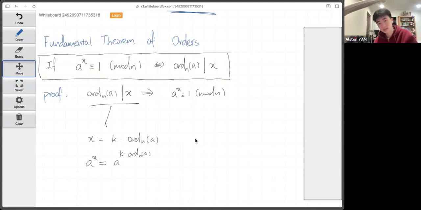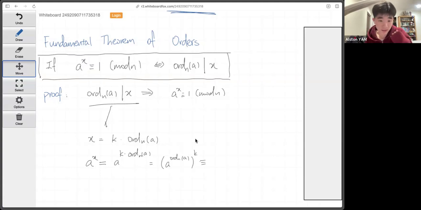And now you might notice, that's pretty interesting, because if you have a product in the exponent, you can factor something out. That is just equal to A to the order of A, to the power of k. I've just taken the k out. But if you look at this thing in mod n, what does that become?